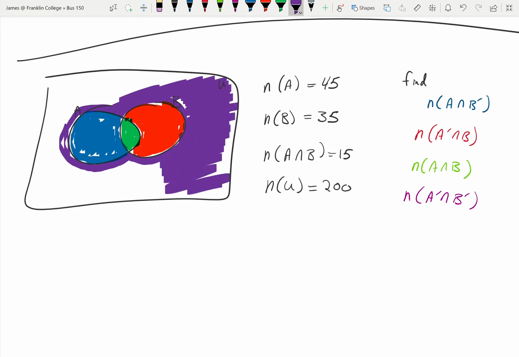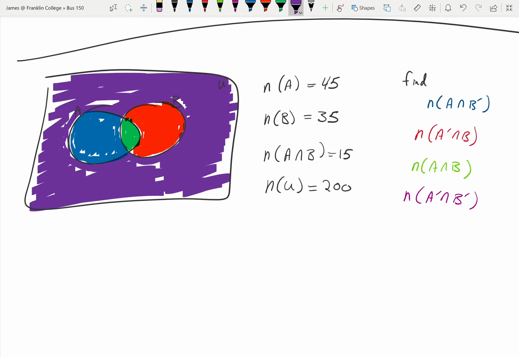So it's all this exterior region, you can kind of think of it. All this region here, that is the region A complement intersect B complement.